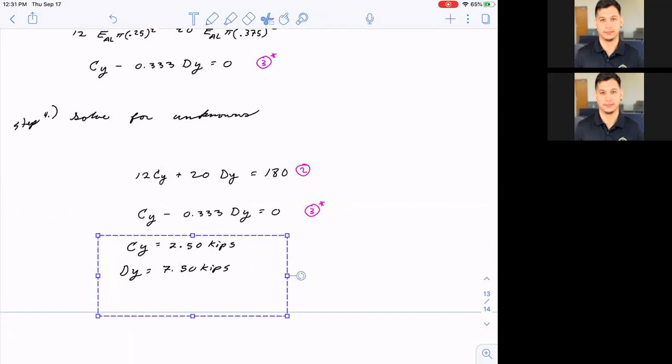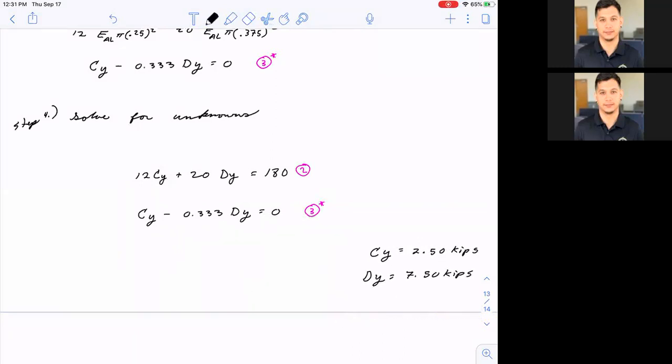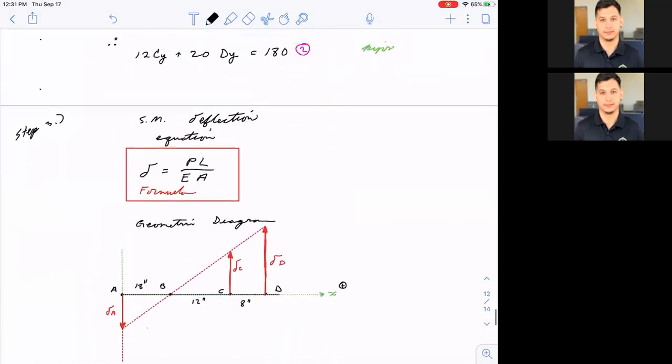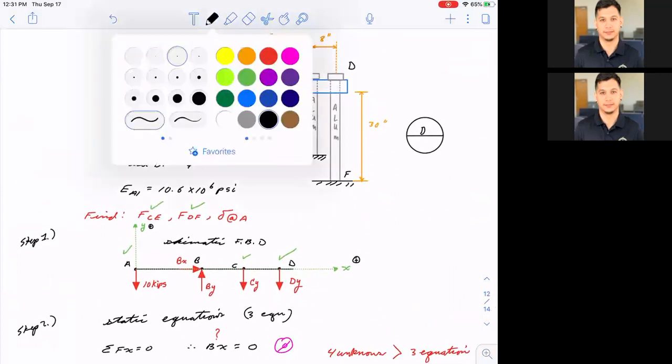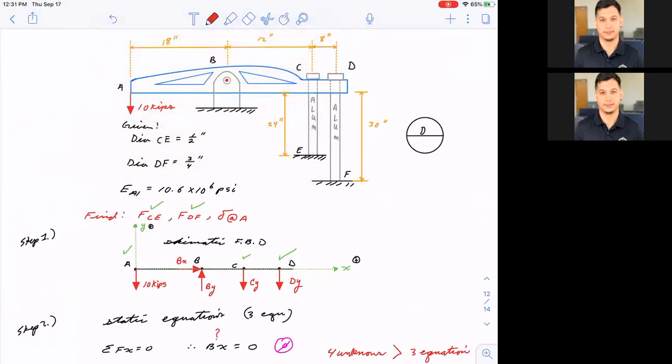So we'll put these solutions all the way to the side. And we could say that based on Newton's law, since this has a reaction here, Cy, F of CE would be equal to Cy, and F of DF is equal to Dy, right?